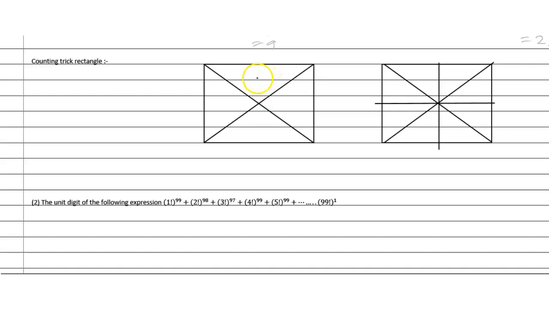This is 1, this is 2, this is 3, this is 4. So total rectangles is 4 into 2 equals 8.